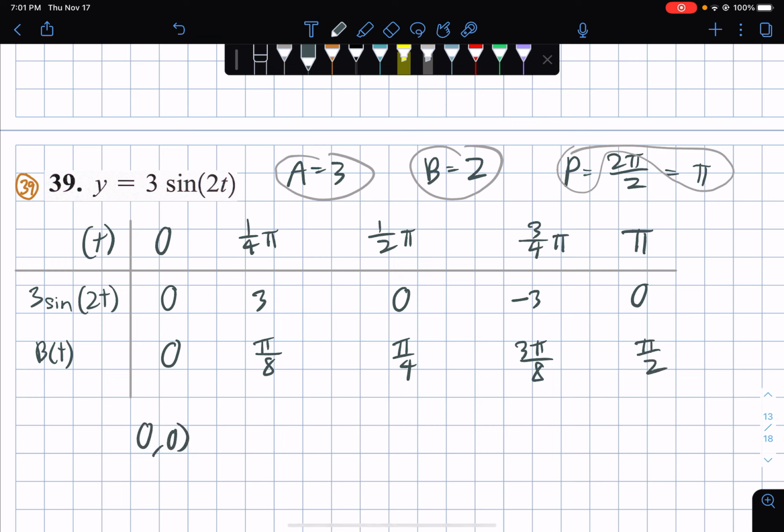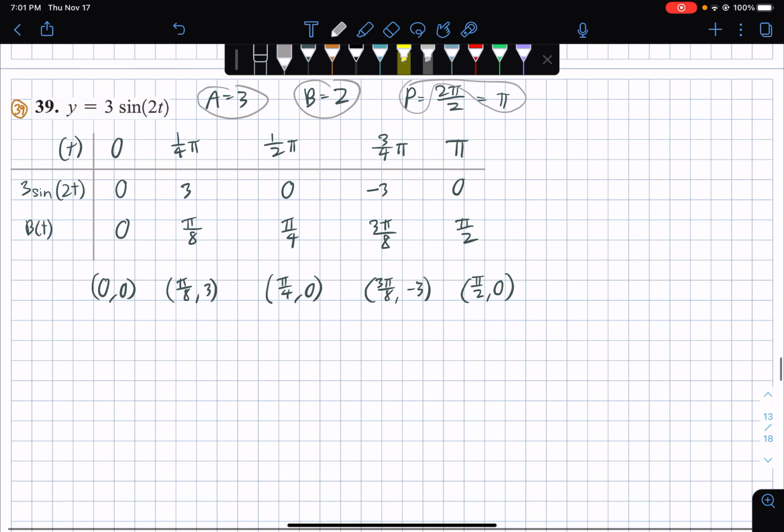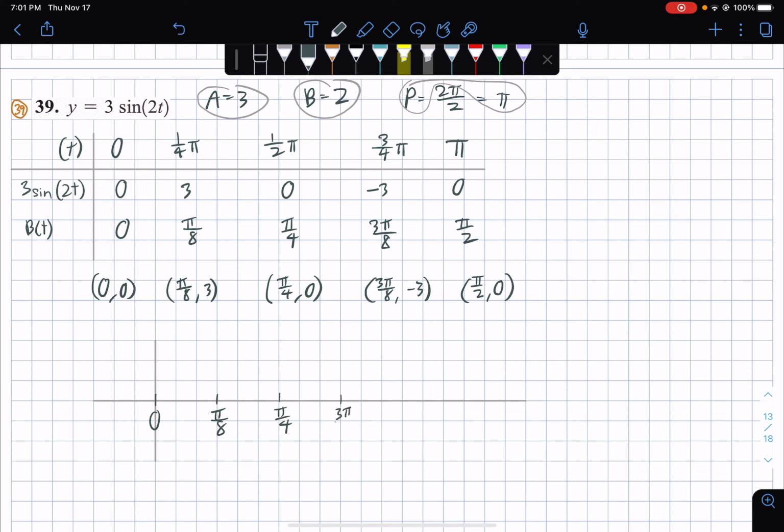So coordinates, we have something like this. So we have 0, pi over 8, pi over 4, 3 pi over 8, and pi over 2.